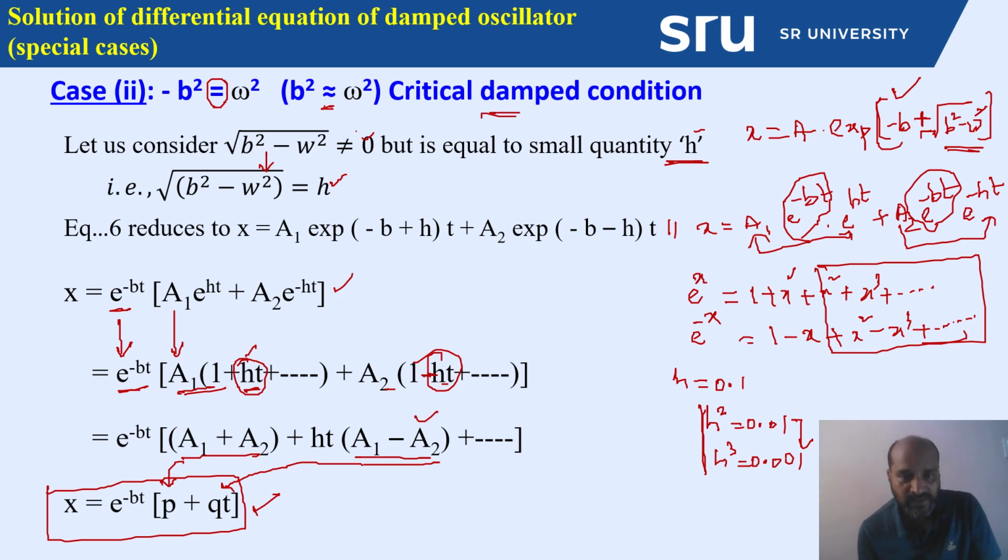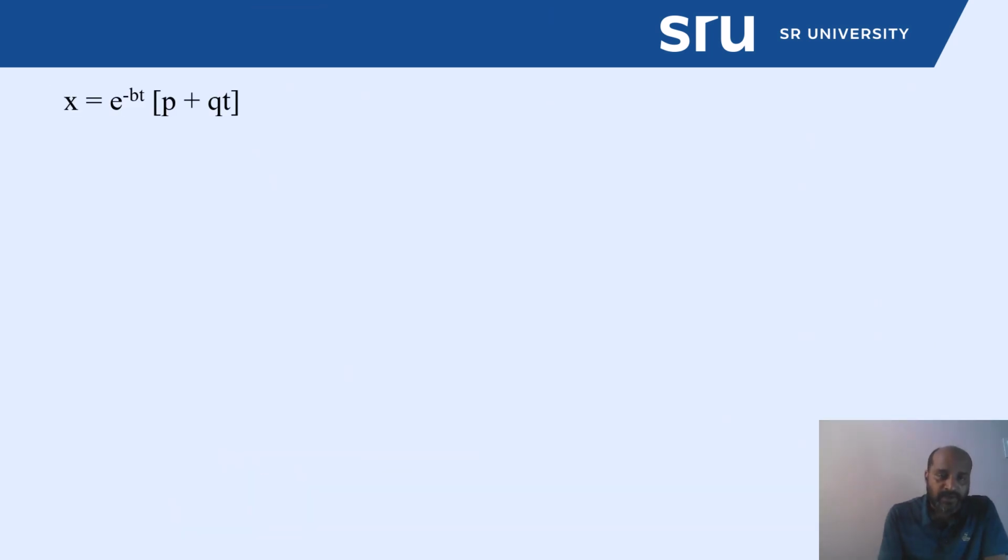And if you observe this solution, x is equal to e to the power of minus bt times p plus qt. If you do analysis, here the displacement of the oscillator depends on time, of course, and that is governed by two factors.